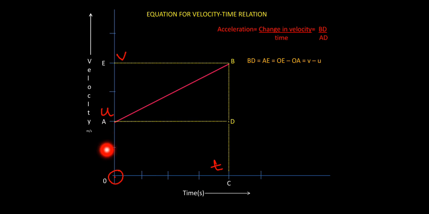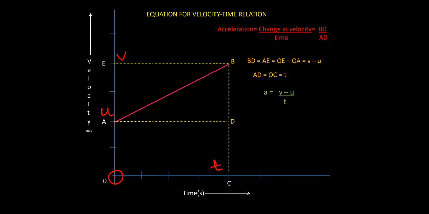This is your U. So your BD is nothing but change in velocity, V minus U. And AD, you already know, is equal to OC, which is equal to T. So if I write in expression form, A is V minus U upon T.